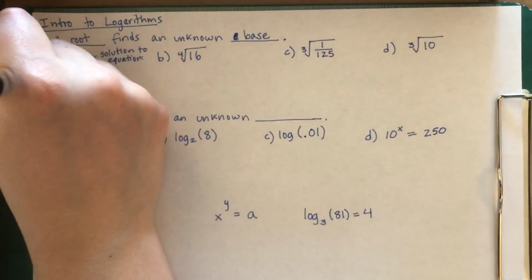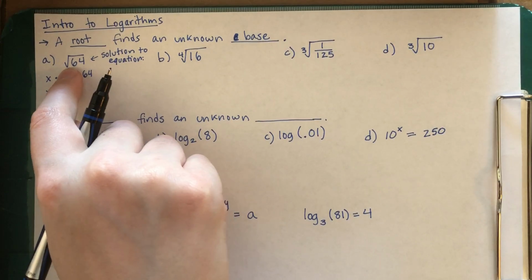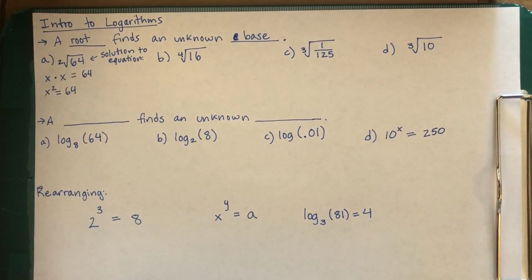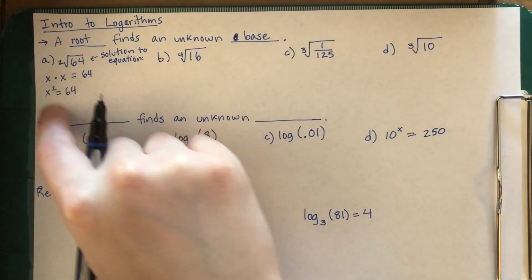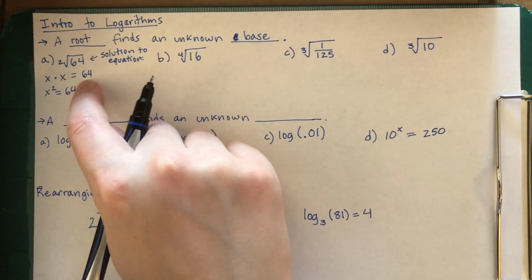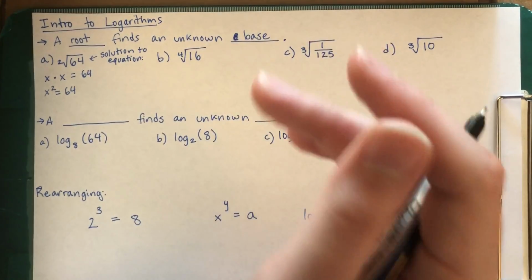And we could write this as x squared equals 64. Remember, if there's no number written on the root, it's a square root, so we could write a little 2 here. A lot of times it's easy to think about this equation and what x should be to give us this answer in order to calculate the square root. What number times itself gives me 64?